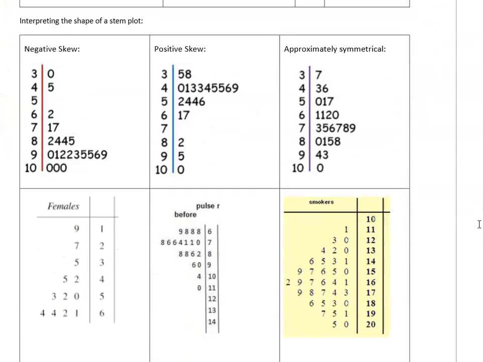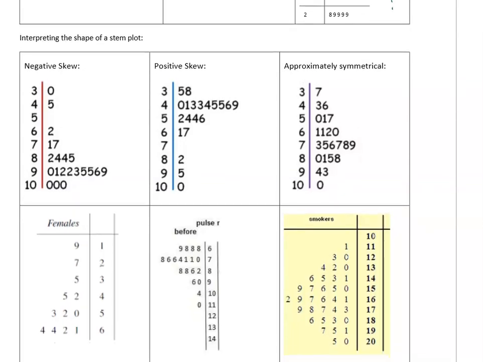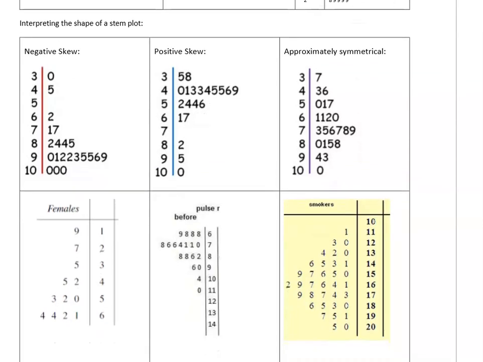Okay, so when we move on to interpreting the shape of a stem plot, much like a histogram, we're looking again for any skew or anything that's symmetrical. And so what you want to do is actually literally pick up your piece of paper and turn it sideways. So if I was to turn this stem plot here, sort of rotate it that way towards the left-hand side, I would have my numbers across the bottom, my scale, and then I would have my frequencies.